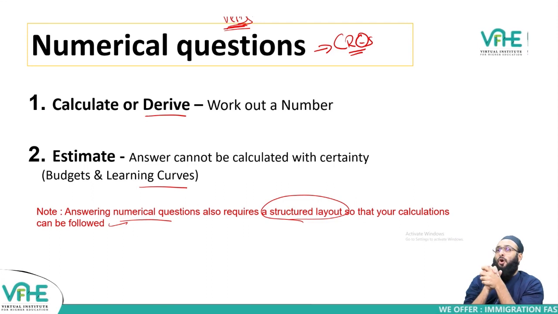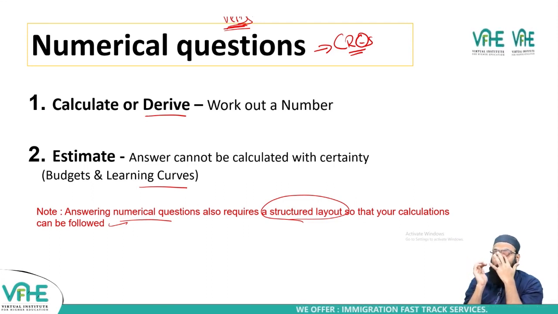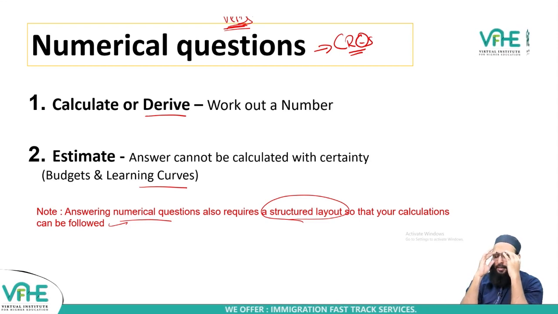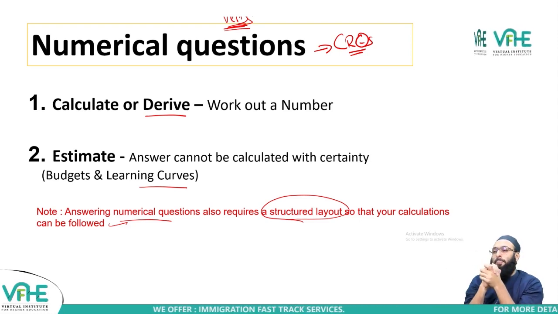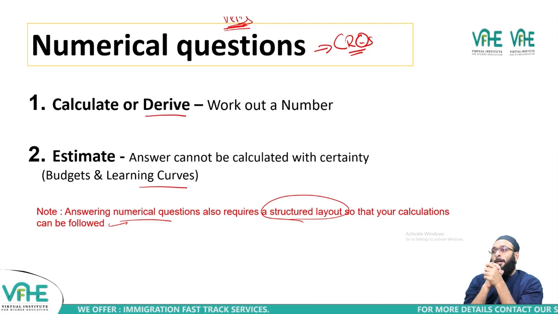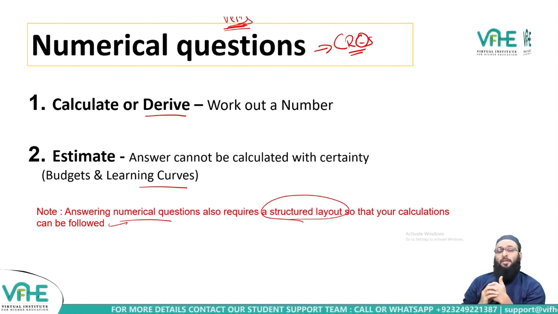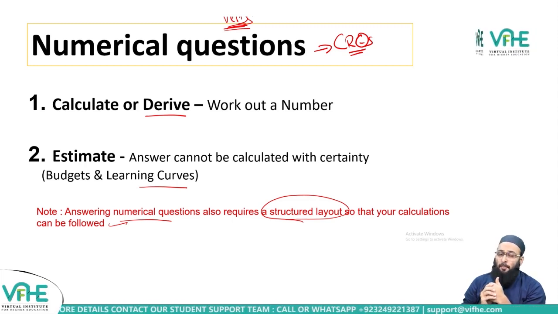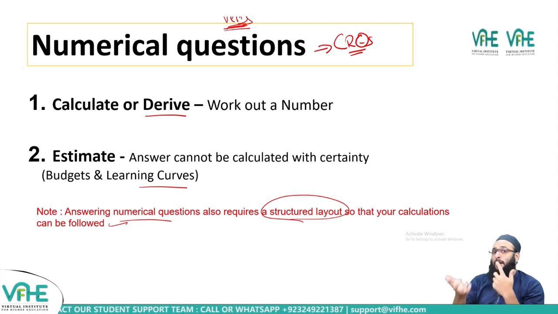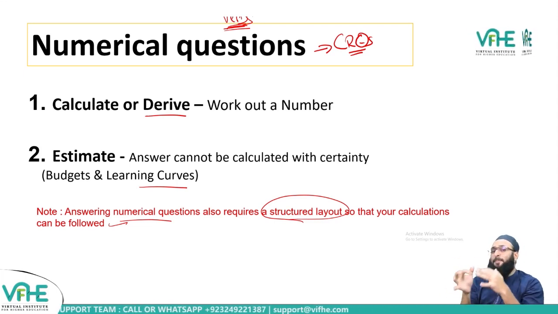Similarly, if it's a question of pricing, where the question says to calculate the optimum quantity or the optimum price using the MC equals MR approach, or I can say the algebraic approach, you must know the steps of that.